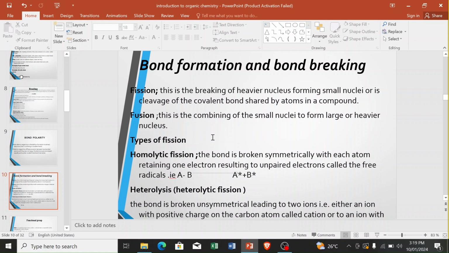So we see that in homolytic fission, we are breaking the bonds symmetrically, equally. Another word for symmetrically: we are breaking the bond equally, resulting in everyone taking. And if everybody takes, it means there is no more electronegative atom or element compared to the other.